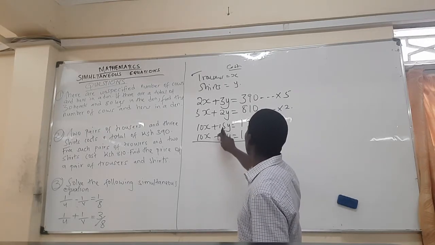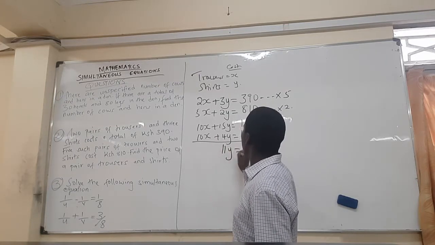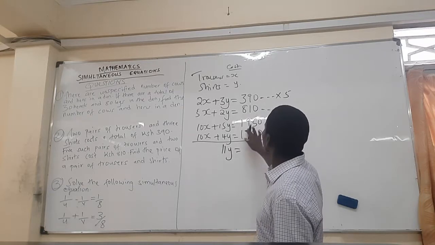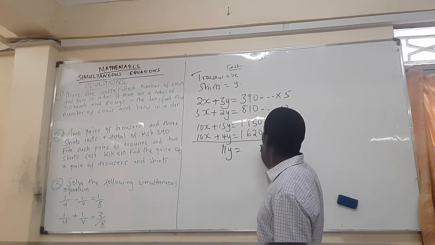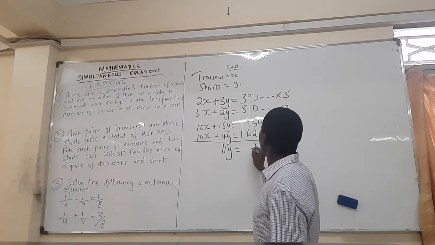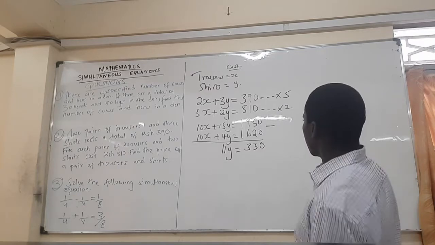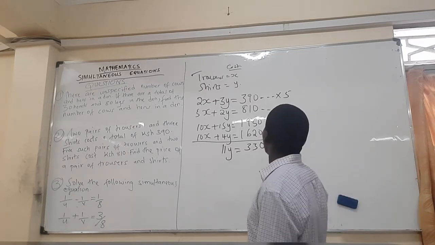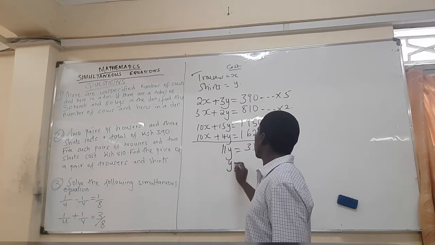Then you have 15 minus 4, you get 11y. That is going to give us now 1950 minus 1620, which is 330. So 11y is giving us 330. What about y? We divide by 11 on both sides.